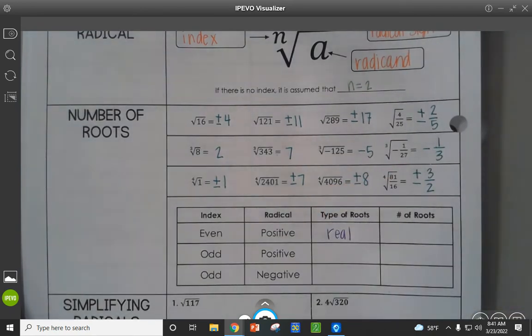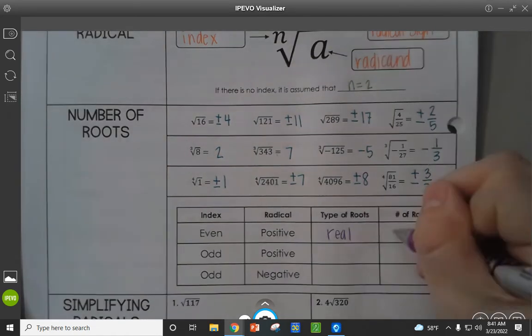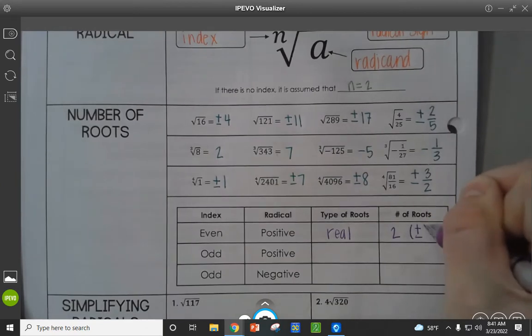We don't have any imaginary. And we have 2 of them. They're both plus or minus. So we have 2 roots. They're plus or minus. Okay.